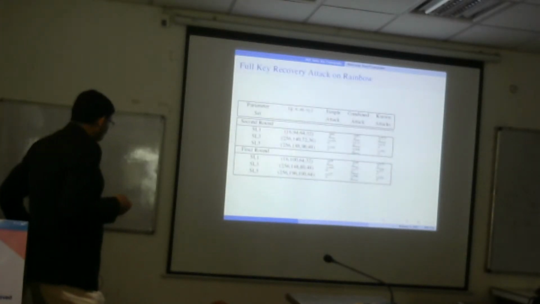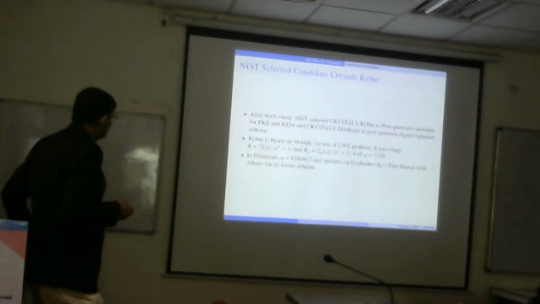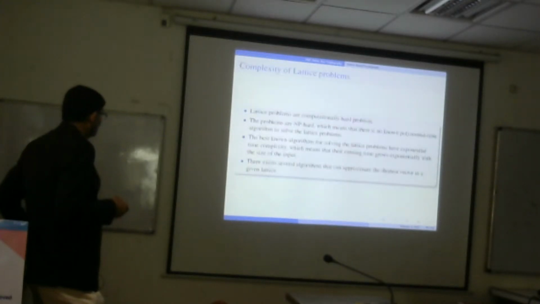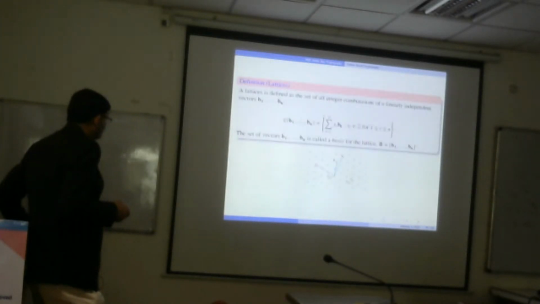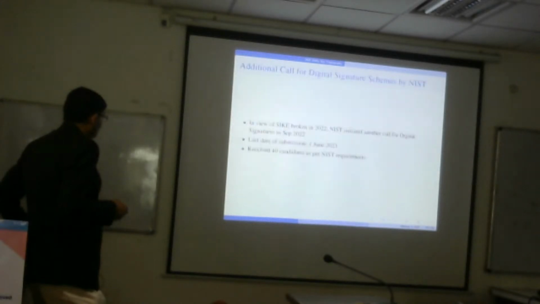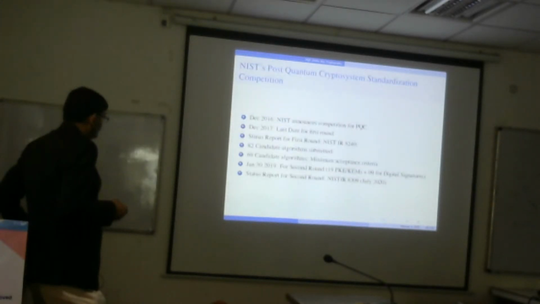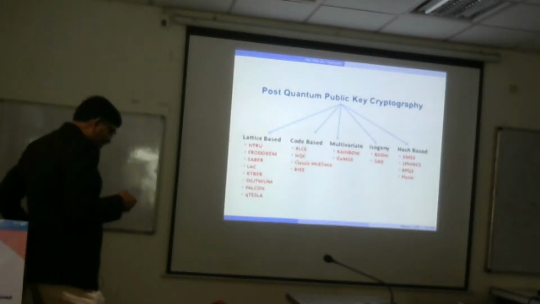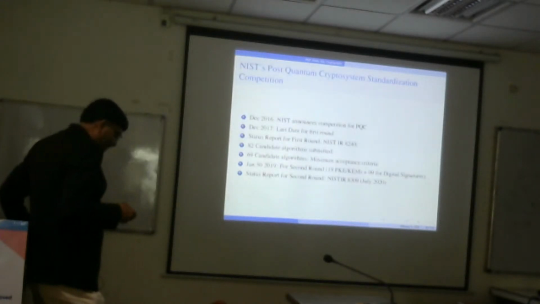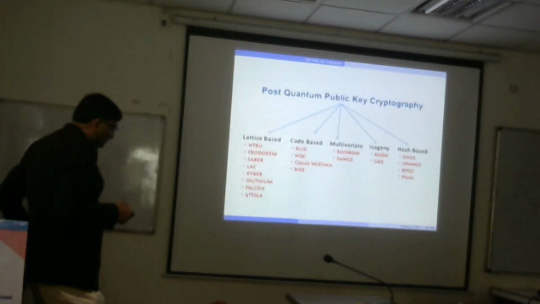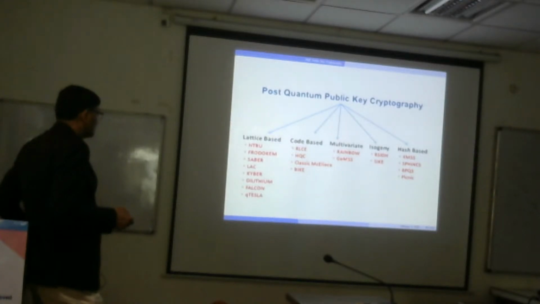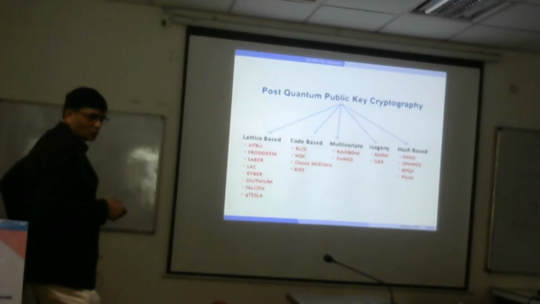Okay. So that multivariate-based scheme that I discussed, this one, Rainbow. Rainbow is based on a multivariate cryptosystem, and even though it is based on a hard problem, an NP-hard problem, we still got some attack because of the protocol weakness.